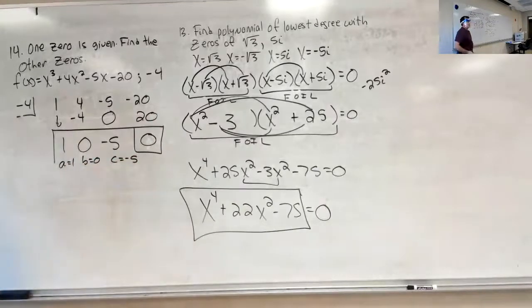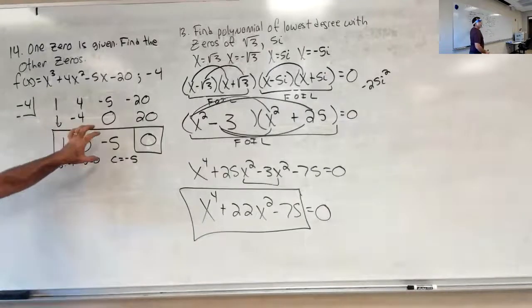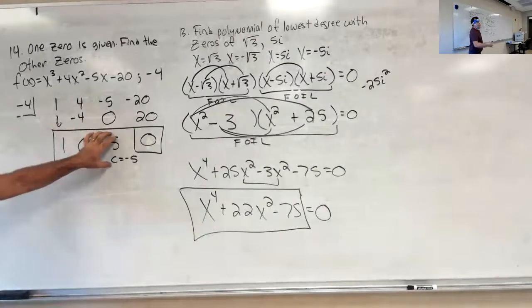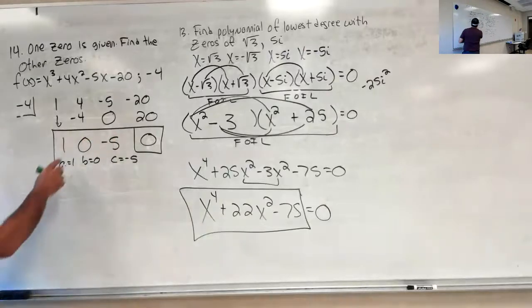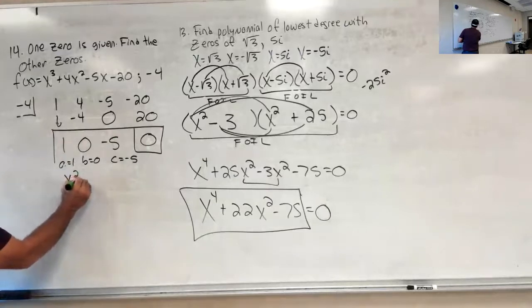C is negative 5. Or you can write that as x squared minus 5 equals 0 and solve it by square roots, because that's what that's telling you, right?